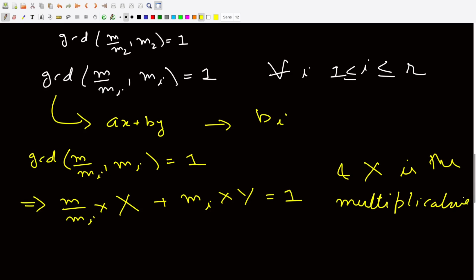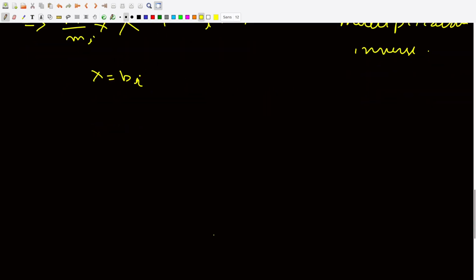Here we can say that x equals bi. I mean, x will differ once we put the value of i equals 1, 2 and 3, so similarly x will become b1, b2 and so on. So that's about this portion.